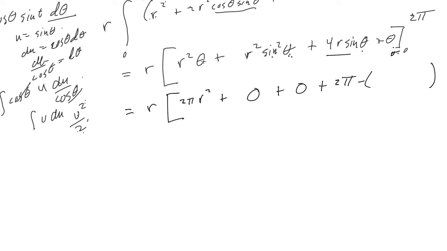So 0 for theta here, 0 times r squared gives us a 0. And because sine theta is still 0, this zeroes out, and this zeroes out because sine of theta is 0 here. And because theta is literally 0, that is 0 there. So what we're left with here is r times the quantity 2 pi r squared plus 2 pi.